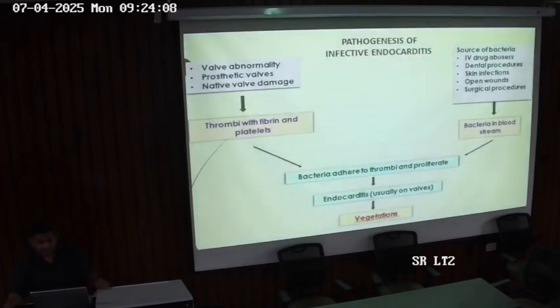What is the pathogenesis? Obviously the valve is abnormal, or there is a prosthetic valve or a damaged native valve. Then there is adherence of neutrophils at the damaged site, and that damaged site attracts the neutrophils. Neutrophils release some cytokines, and the cytokines attract the platelets and release fibrin degradation products.